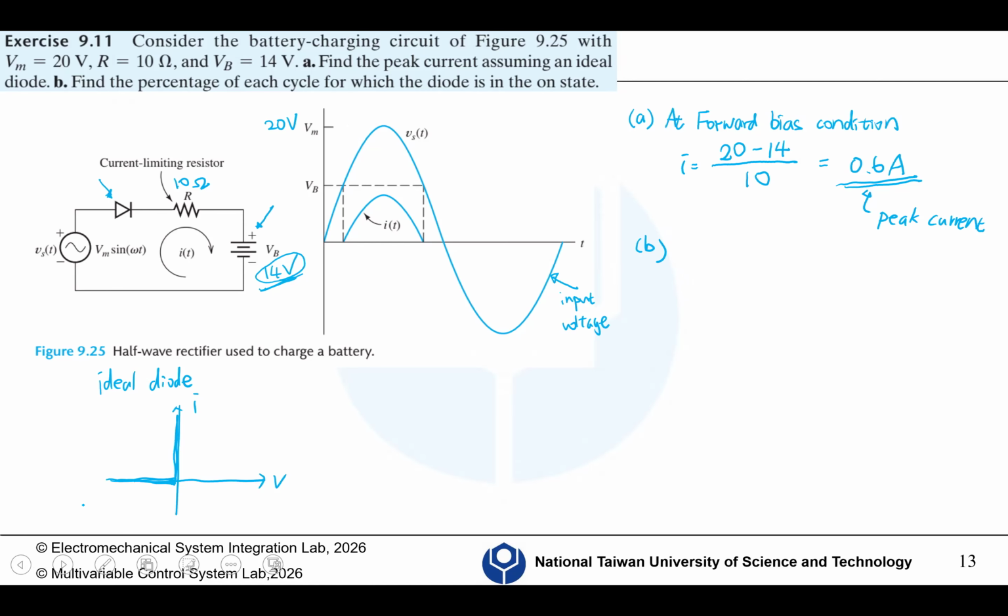And if it's an ideal diode, this red curve. So for this whole period of the waveform, only here is the diode on. It asks you to find the percentage of each cycle, so this is one cycle, for which the diode is in the on state.